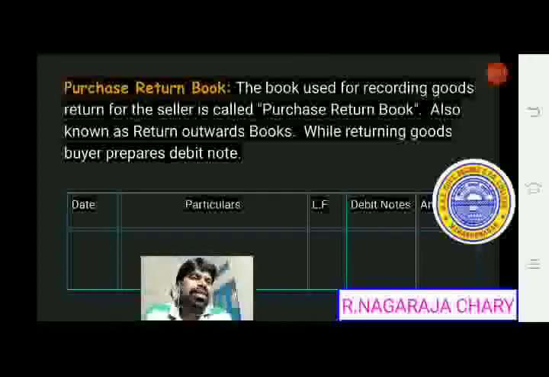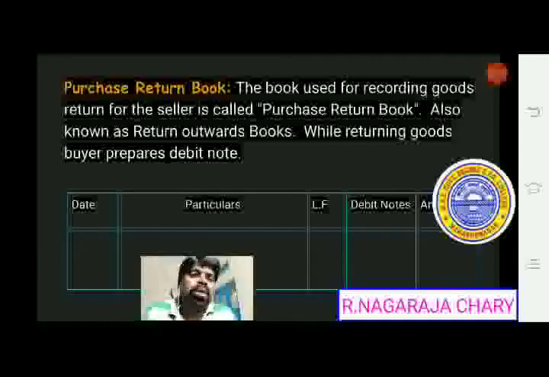Due to those reasons the rate may be different. Earlier we ordered at 100 rupees per kg, they supplied at 80 rupees per kg. Like that we may have various reasons to return the material. That is why here we may return the goods.